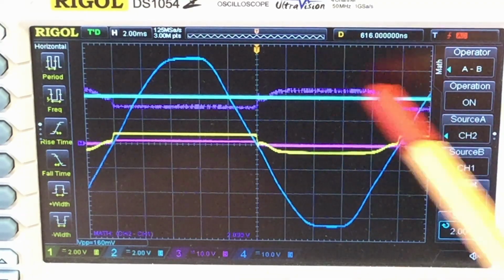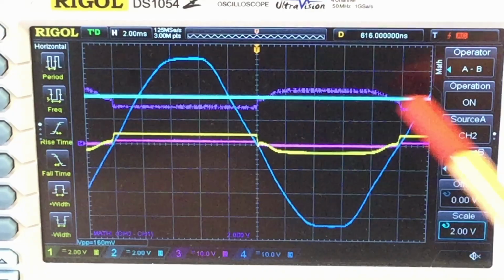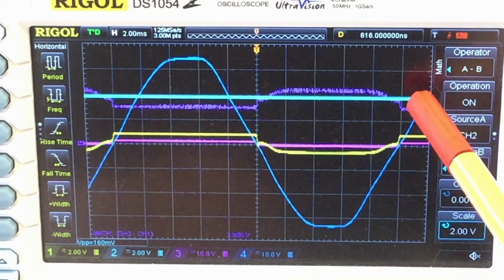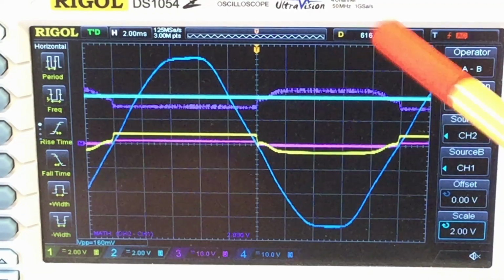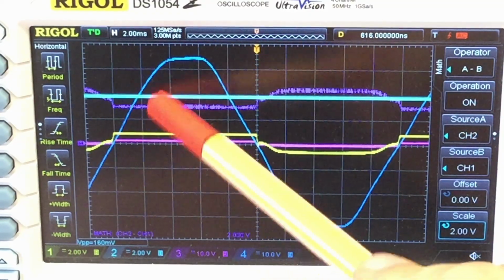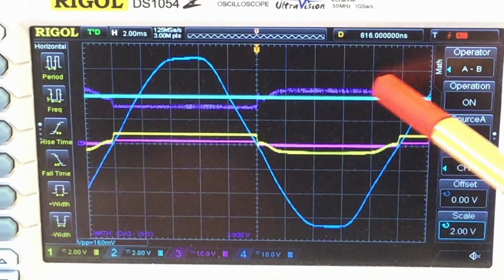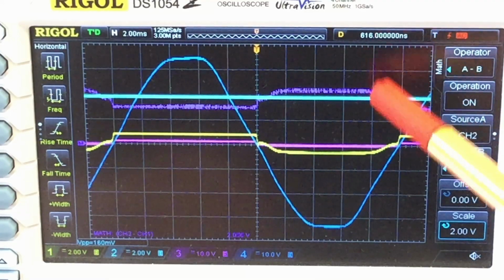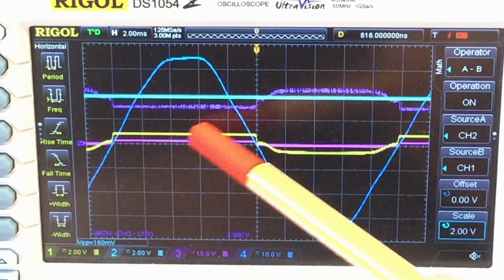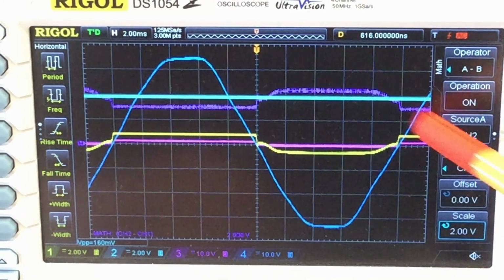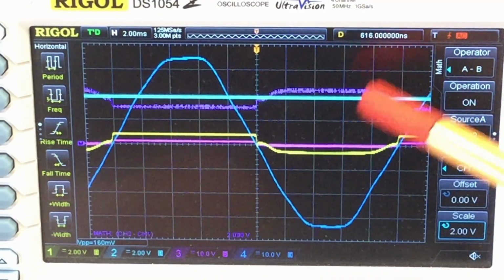The straight line here is simply the voltage out of my power supply that goes through the resistor before the gate, and that little twiggly line here is actually the gate current. That is the difference between the voltage drop across the gate and what comes out of the power supply.